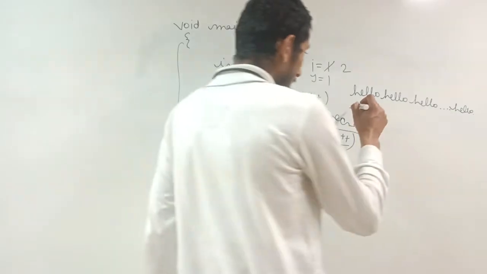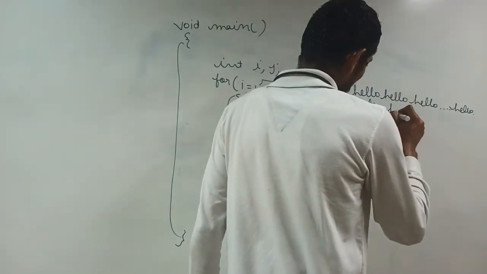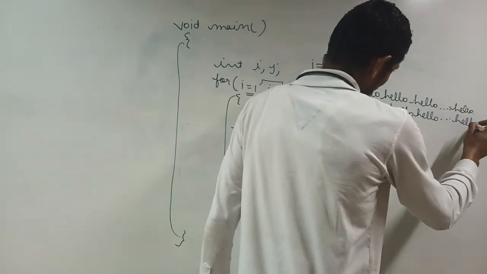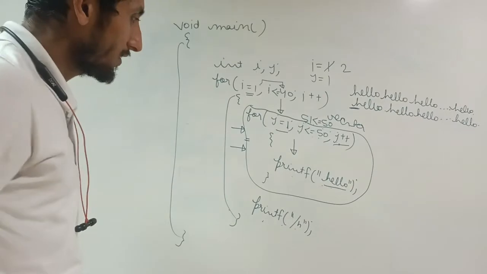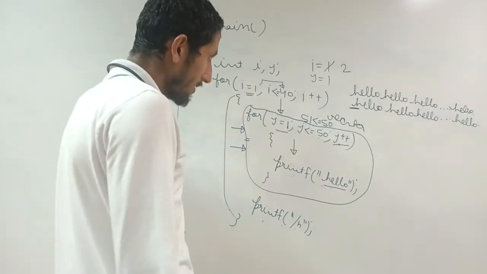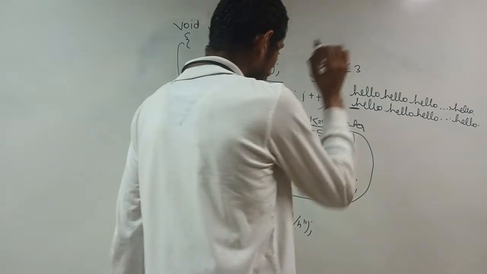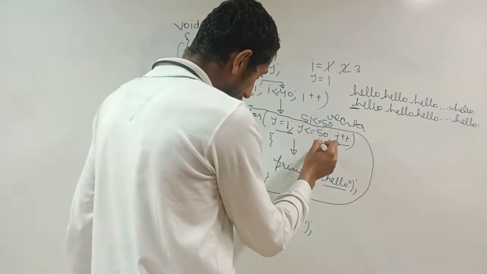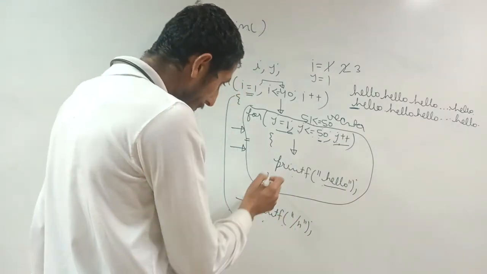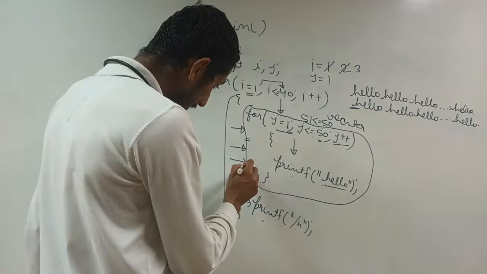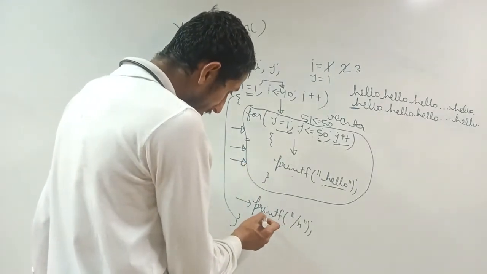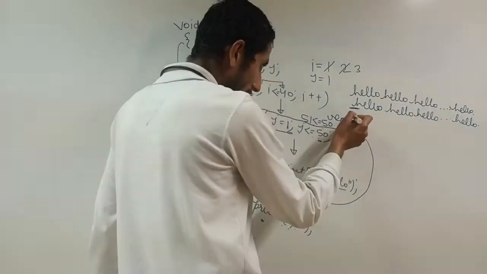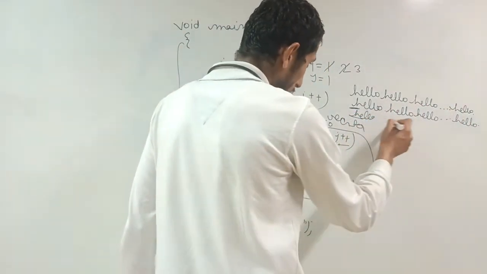So it will print hello 50 more times. Then i becomes 3 and the value of j will vary from 1 to 51, and every time the compiler will execute the slash n that I have put. After printing hello 50 times, the cursor moves to the next line and prints hello again.